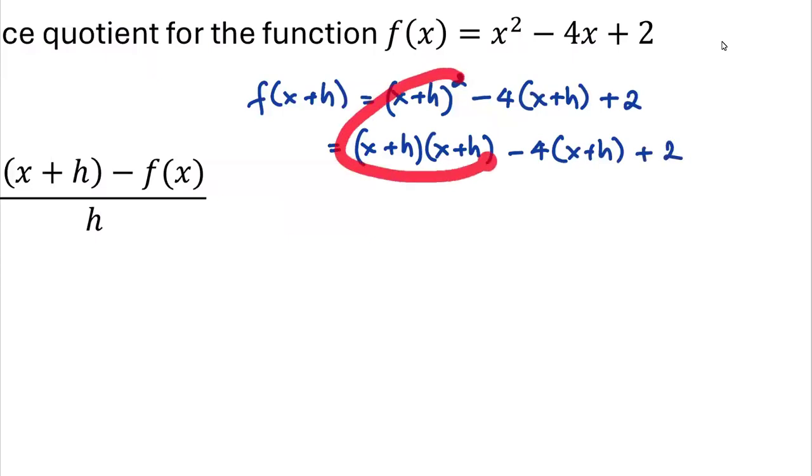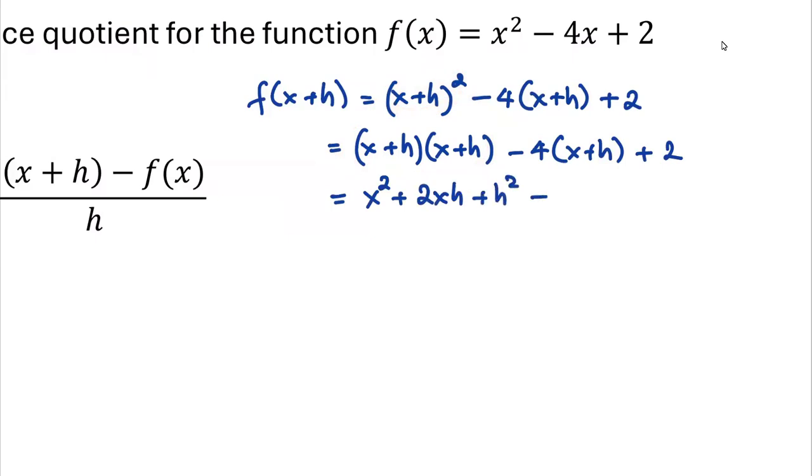You see the foiling right here? If you don't like to do the foiling, you can go straight to the answer for x plus h squared. Okay, so I get x squared plus 2xh plus h squared minus 4x minus 4h plus 2. I think I cannot combine anymore, right? So that will be f of x plus h.